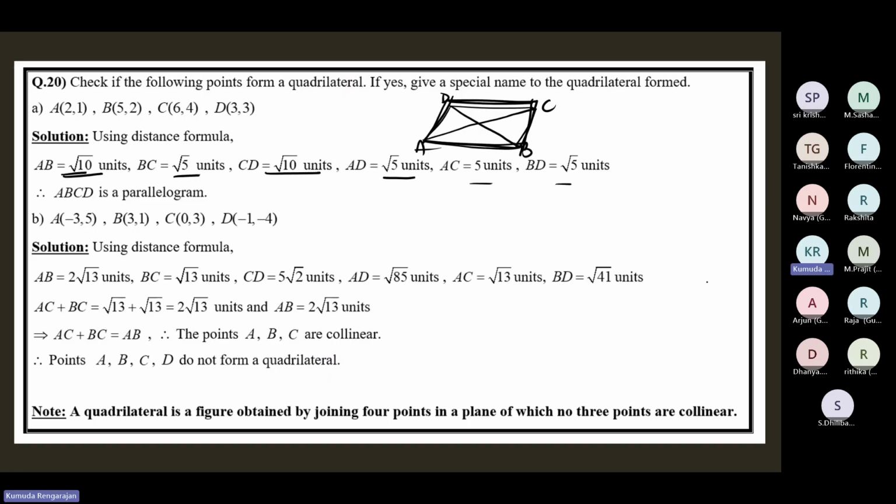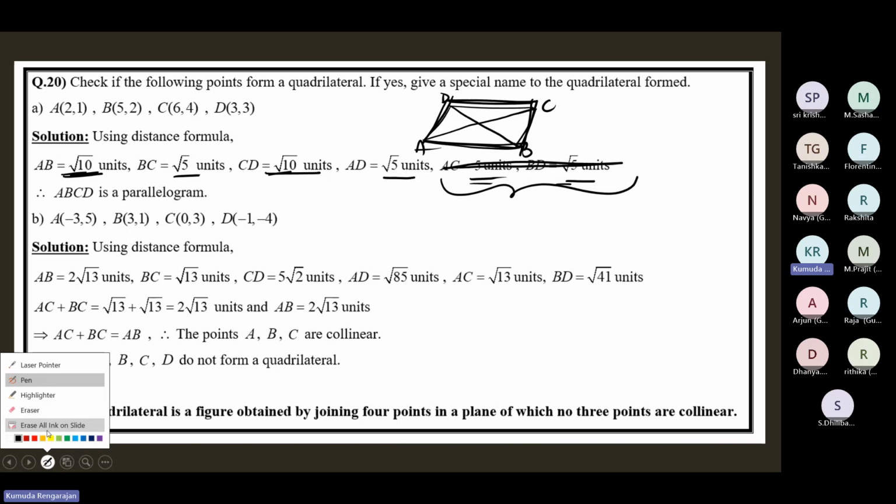But here in this question, we don't know if a quadrilateral itself is formed, so you have to also find AC and BD. But now this part of the information is not needed for us. You can see that opposite sides are equal, so it's a parallelogram. In addition, the diagonals are unequal, so it's just confirming that it's a parallelogram only. It's not a rectangle.